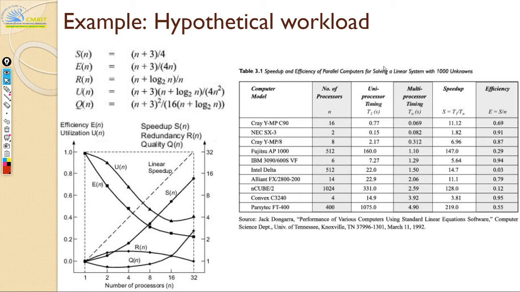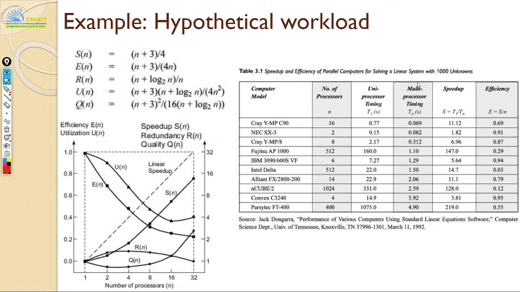When you have to find out what x1 is, what x2 is, you need as many equations as you have variables, correct? If you have three unknowns, then you need three equations. That's the linear equation problem, and it's a classical problem to solve using parallel computers.